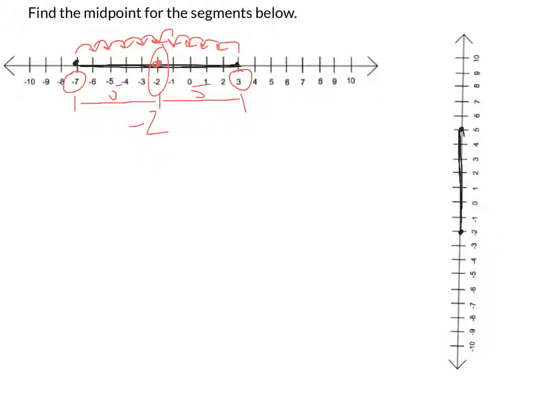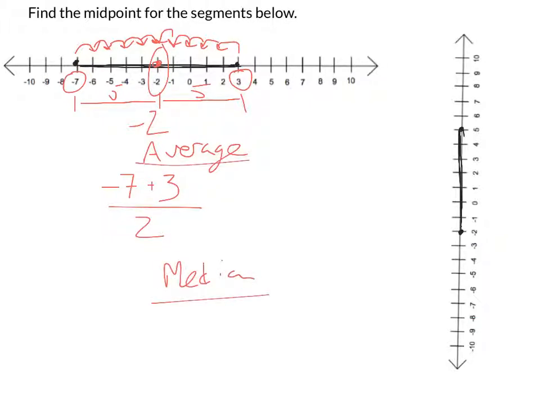Well, if we did -7 plus 3 and cut it in half. Really, if I add two numbers together and divide by how many I have, I'm finding the average. Or if I have just two numbers and I want to find the middle or median, I still do the average. Either way, we end up with, of course, -2.